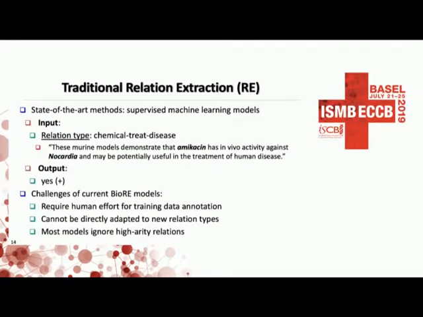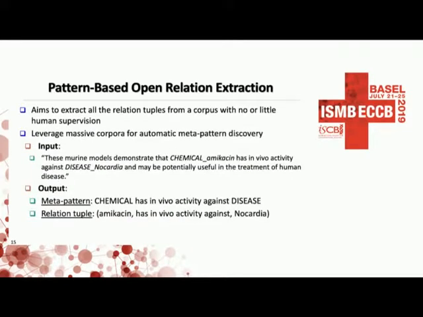The second part is on relation extraction. The traditional method still uses very heavy human annotation. That's the state of the art, okay? What we did was use pattern-based open relation extraction. We developed a meta-pattern-based approach and a relational tuple extraction.